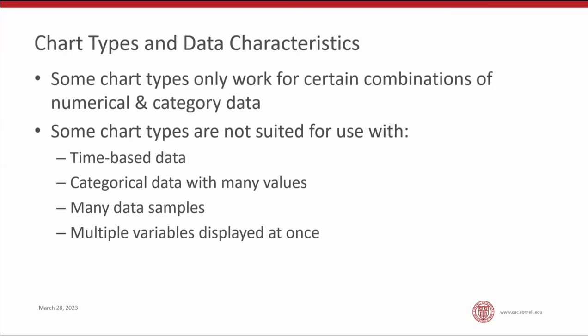And sometimes charts will not be suitable if you've got a lot of data points, a lot of values, particularly categorical data where you've got a lot of names to try to display. Or if there's a lot of sample points, it can overwhelm some types of charts. They can't display all that at once. And the number of variables you try to display at once in one chart can also be limited in a given chart type. You need to be aware that if you try to do too much, you're going to fail.